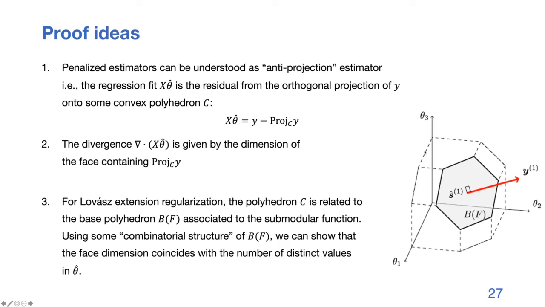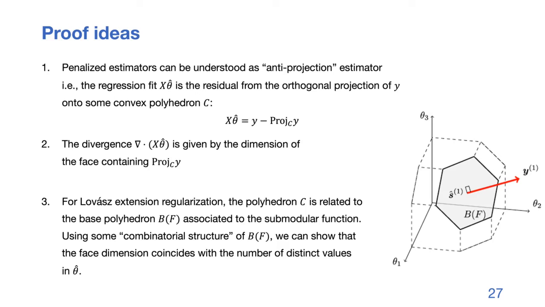So in this example, the divergence will be 1 because the hexagon is a 2-dimensional polytope embedded in 3-dimensional space. So the co-dimension is 1.